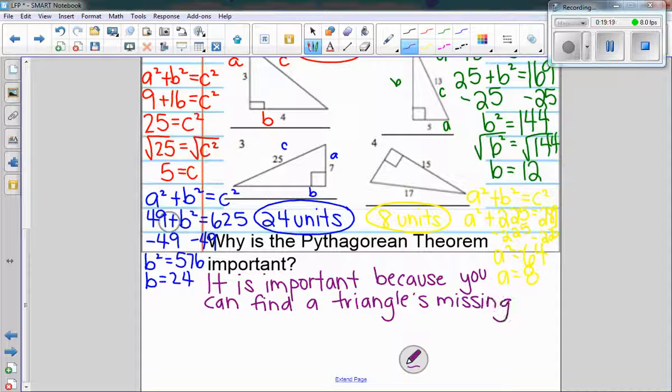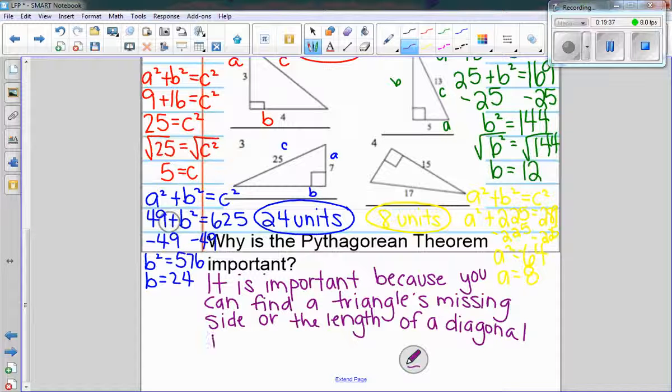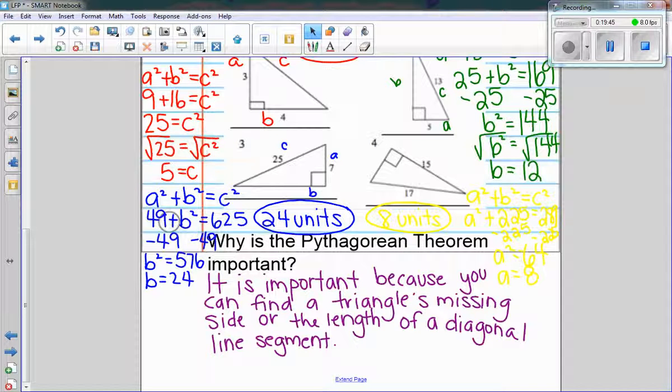It is important because you can find a triangle's missing side or the length of a diagonal line segment. Great. So please make sure that that is written down in your notes. I'm going to come around and check.